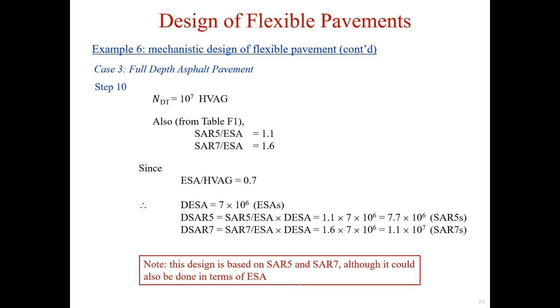In the previous case, we converted the unit to ESA because we needed to plug in all values in total allowable loading formulas. But for this case, we don't need to calculate post-cracking as there's no cemented material. So we use damage units of SAR5 and SAR7 for comparison.